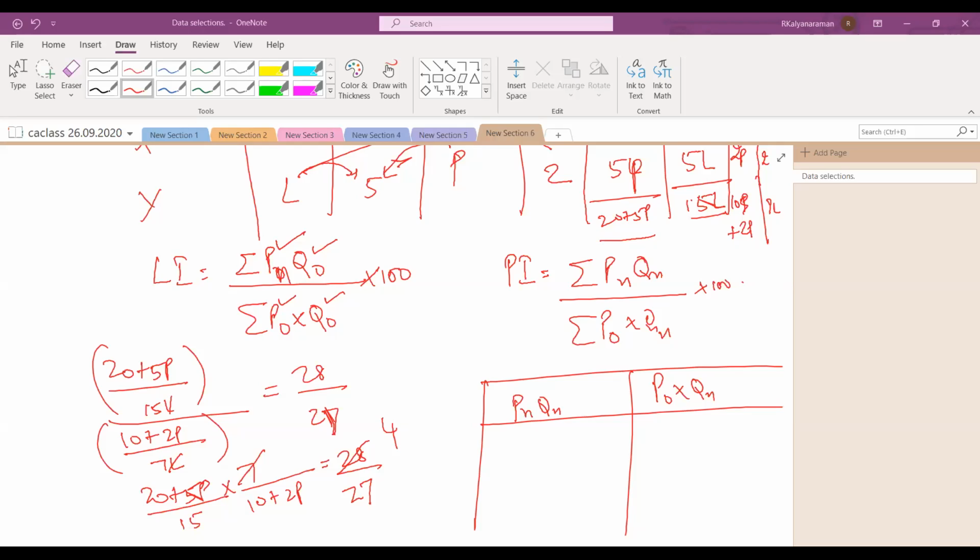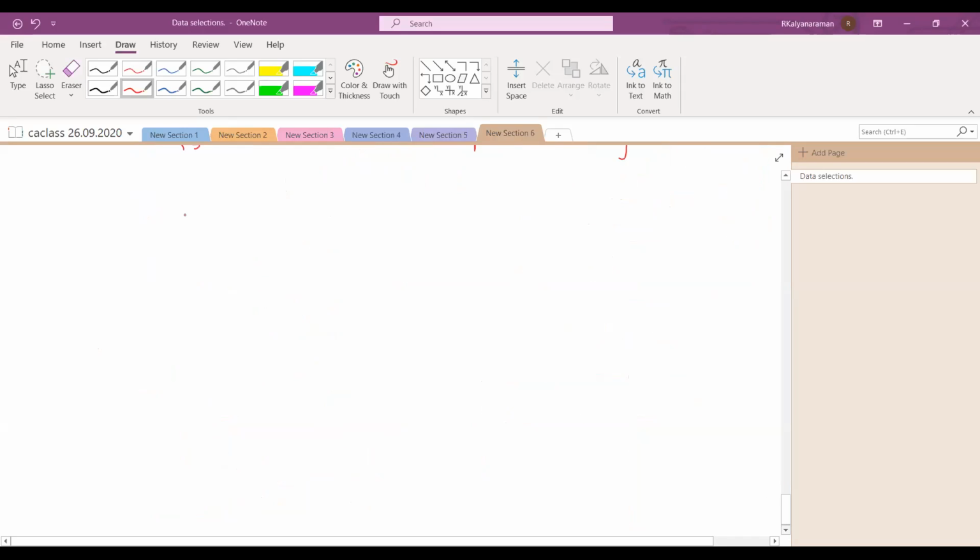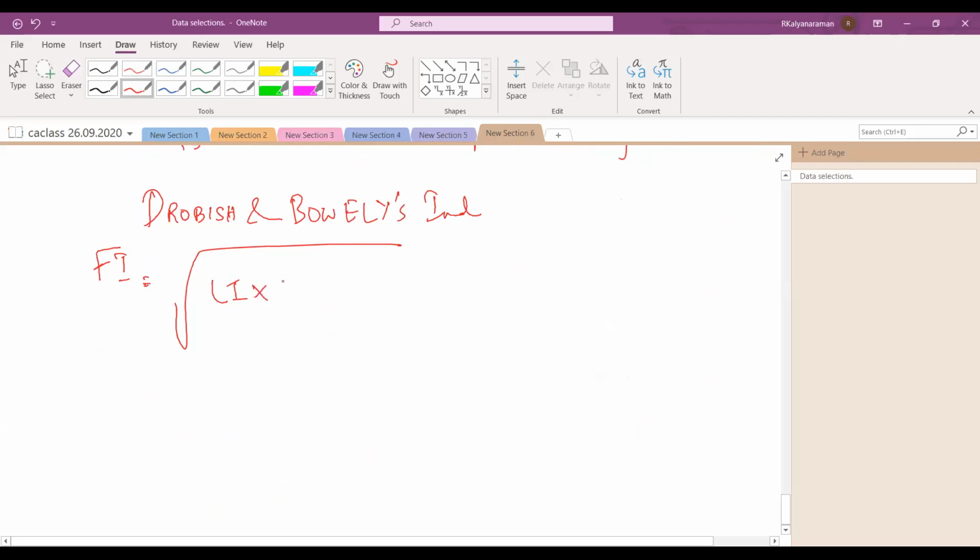Drobish and Bowley's method. This index number, we told you already, Fisher's index number is a geometric mean of Laspeyres' and Paasche's.